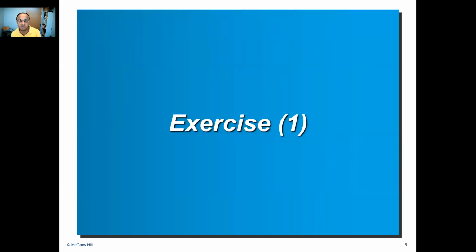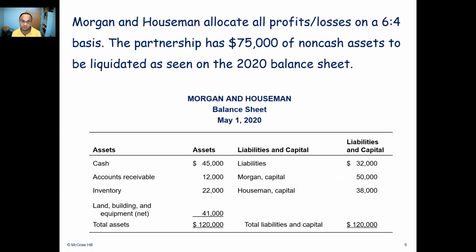Now, let us have one exercise to show you how we make the journal entries, the cash and capital balances, and the statement of distribution. We have here a simple balance sheet for a partnership owned by Morgan and Houseman, and they are liquidating the company. Remember, when we liquidate the company, we classify the assets in the balance sheet into cash and non-cash.